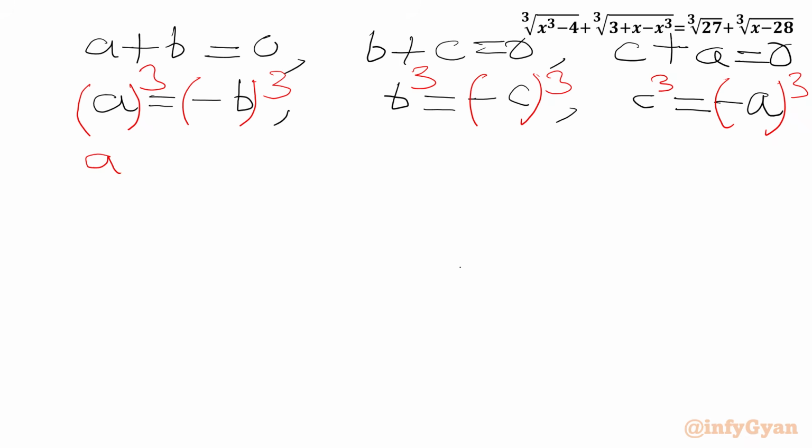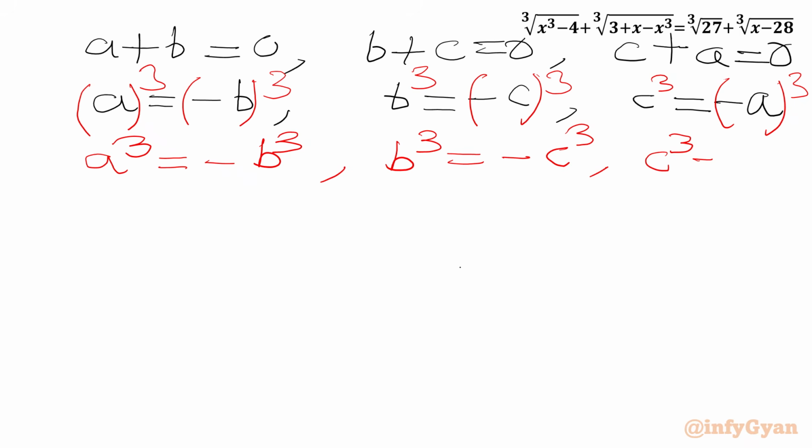So we can write a cube will be equal to minus of b cube. From the second equation, we'll write b cube equal to minus of c cube. And from the third equation, c cube will be equal to minus of a cube. Now we have a cube, b cube, c cube.